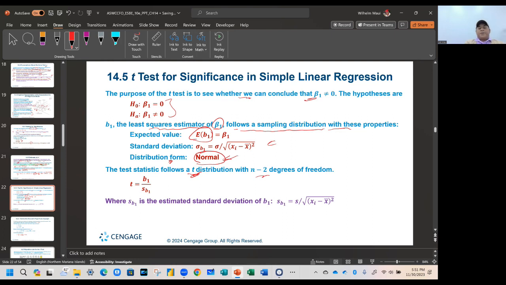So here's your formula to compute your t statistic: beta 1, based on your sample, divided by the standard error of beta 1, where that is the estimated standard deviation of your beta 1.